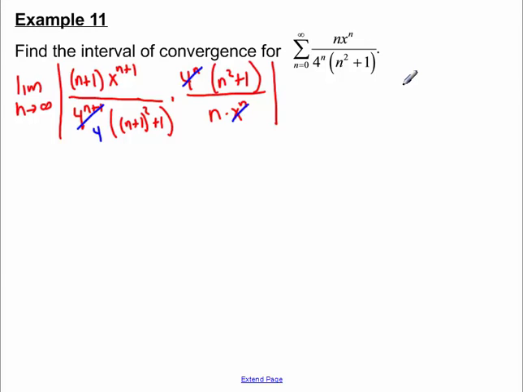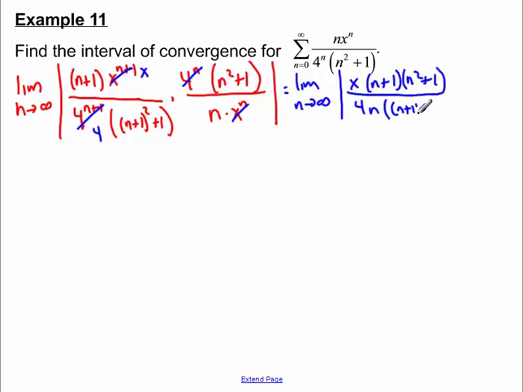So what we have is x times (n squared plus 1) all over 4n times ((n plus 1) squared plus 1). So on the bottom we would get n to the third, on the top we'd get n to the third, so that goes to absolute value of x over 4.